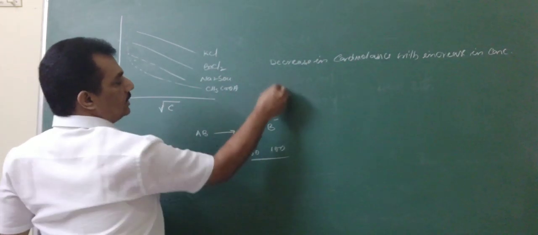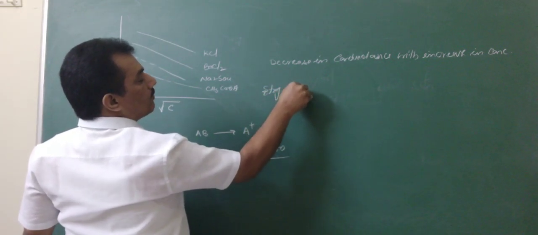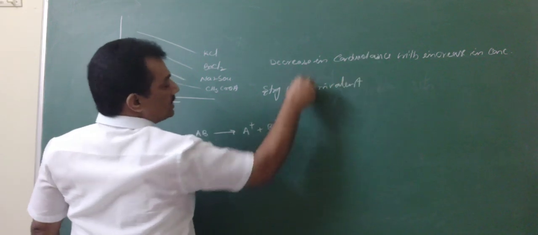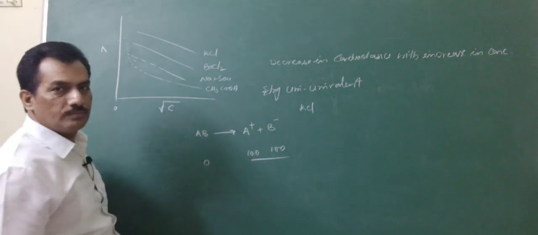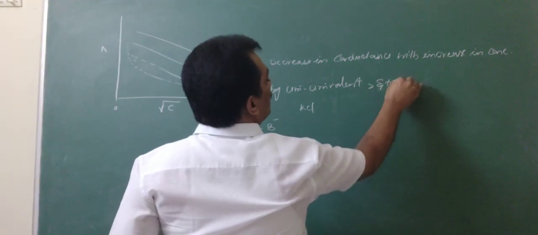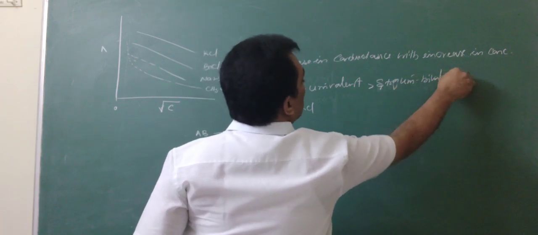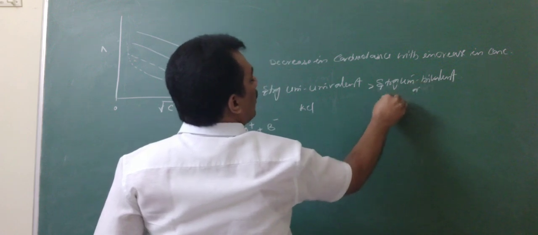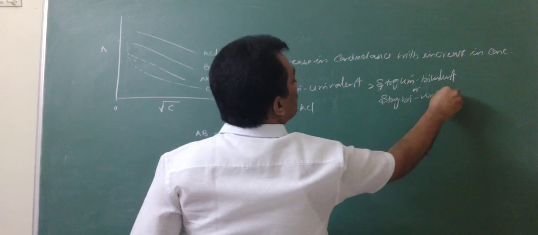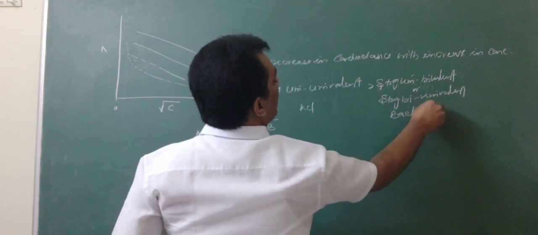follows the order: strong univalent, the best example being KCl, and then strong bivalent, or strong univalent, like BaCl2 or Na2SO4.